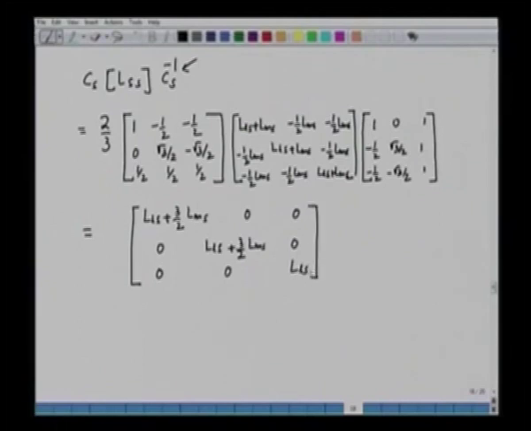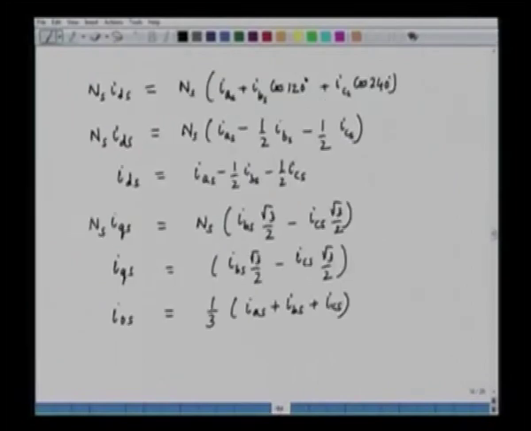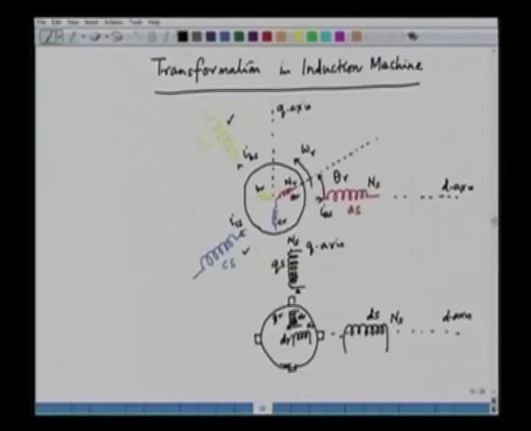This is an interesting matrix in the sense that most of the elements are zeros. Only the diagonal elements are present, and all the off diagonal elements are 0, because there is no coupling between the D and Q axes. We have transformed the original ABC machine into the DQ machine, and the D axis inductance is independent of the Q axis inductance.